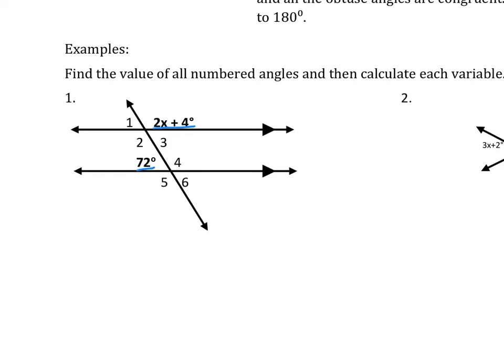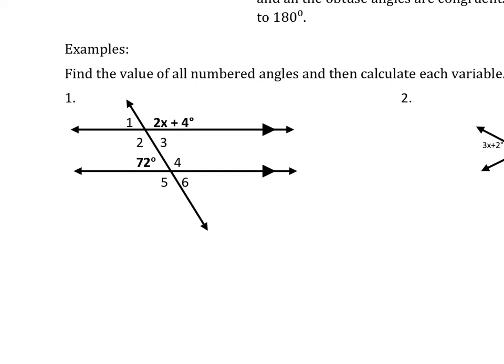Okay, what is their relationship? As of right now, these two don't really have a relationship. They're on alternate sides. One's on the exterior, one's on the interior, but they're not corresponding. So I'm not going to start there. That tells me I can't really start there. I don't really know how those are related.